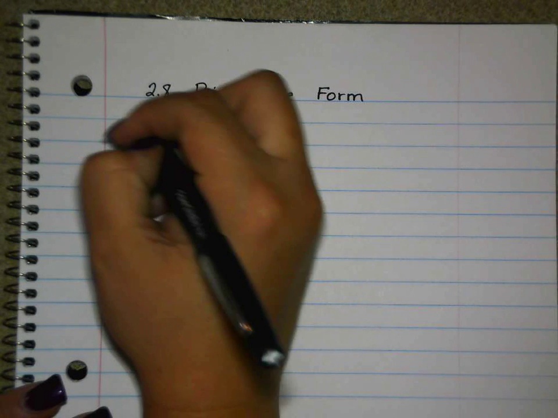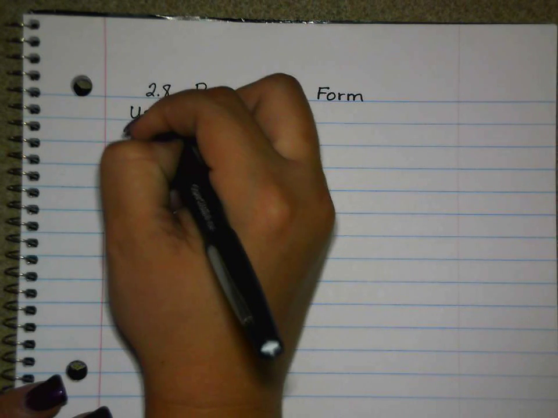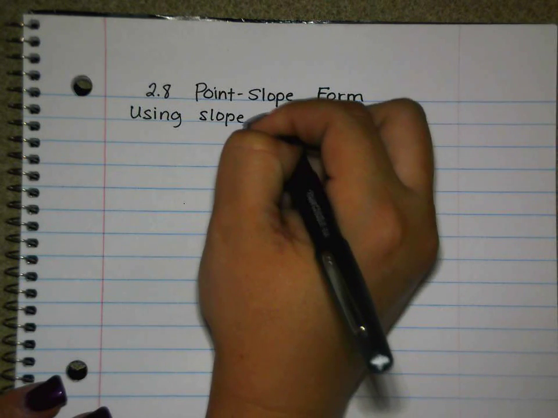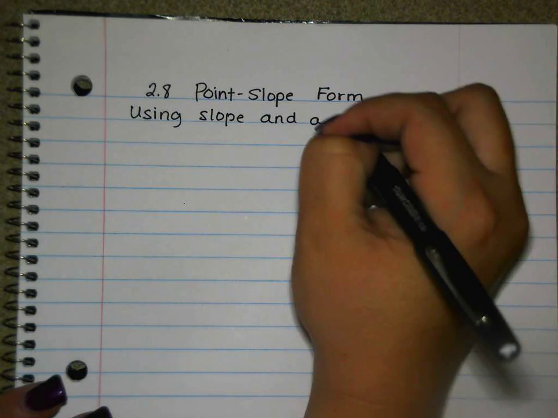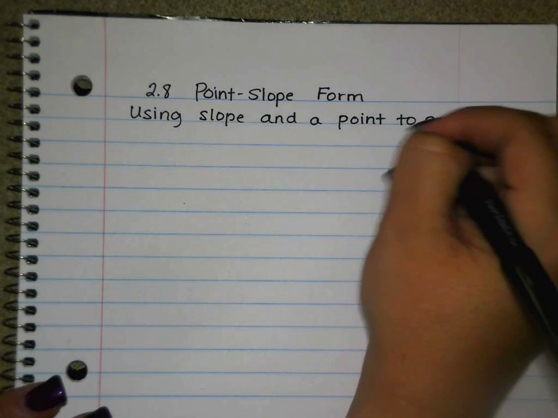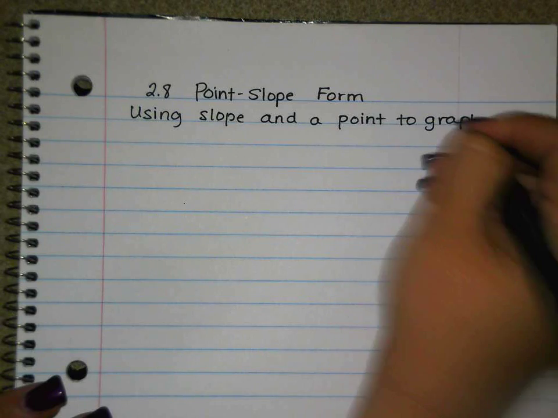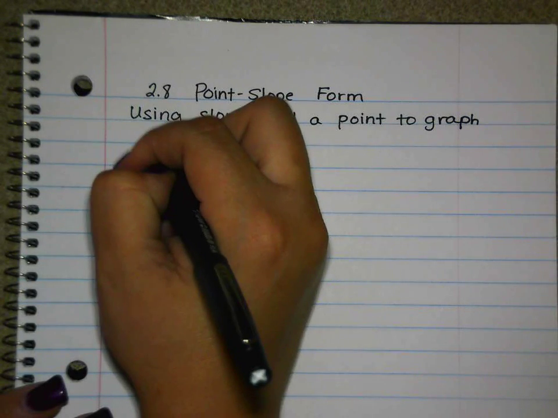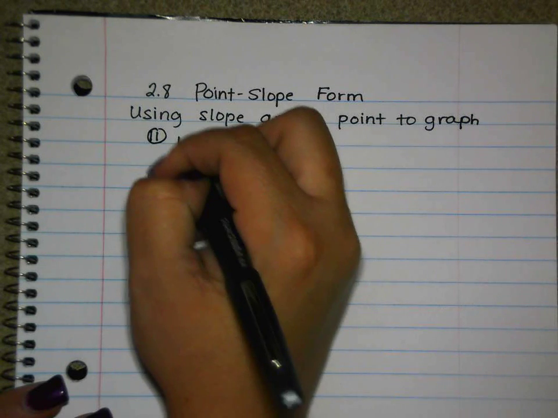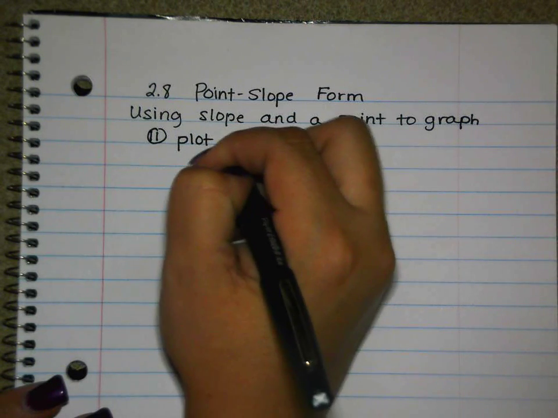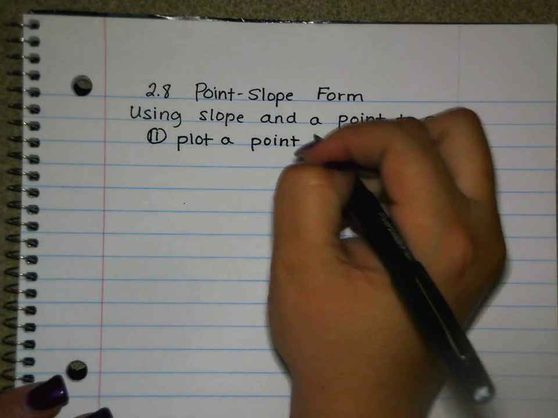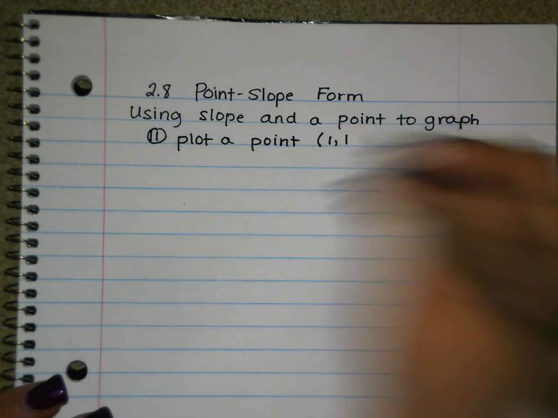So we're going to write using slope and a point to graph. The first thing we're going to do is plot a point. In this case, the point is going to be (1, 1).